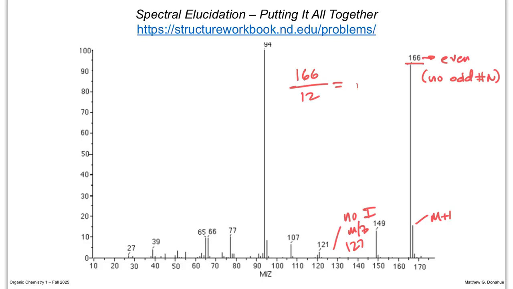My calculator said 13.8. Let me backtrack that. 14 times 12 is 168. That's beyond the parent.